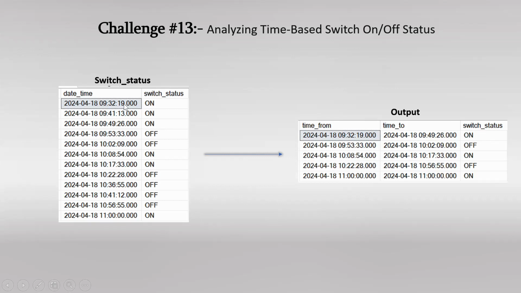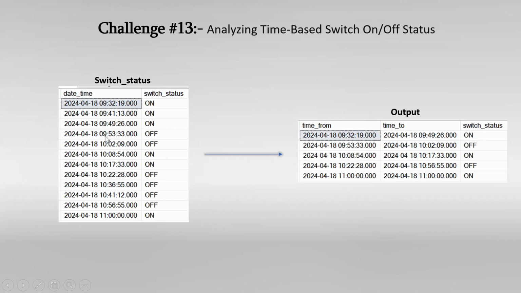If you check the first row in the left side table, at 9:32 a.m., the switch status was on and it was on till 9:49 a.m., which is given in the third row. So from 9:32 to 9:49, the switch status was on. In the output, the first row is the same.